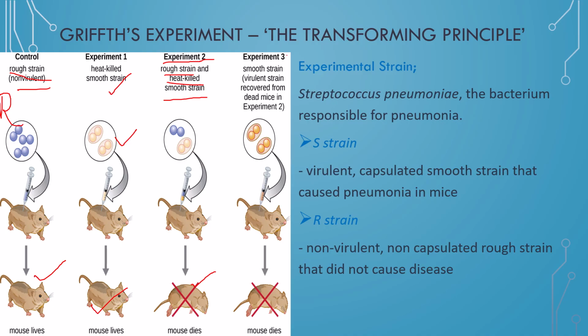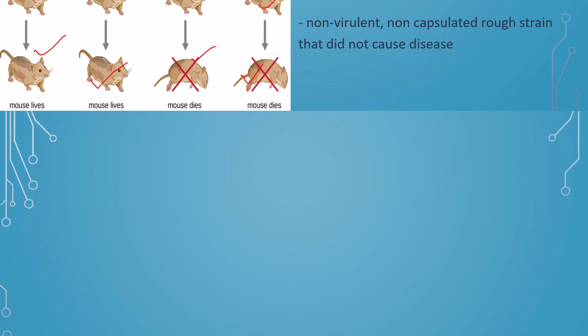This he could confirm in another experiment wherein he recovered the live smooth strain bacteria from the dead mouse, and when re-injected into another mouse, he found that this mouse also died of pneumonia. So this was a surprising observation made by Griffith.